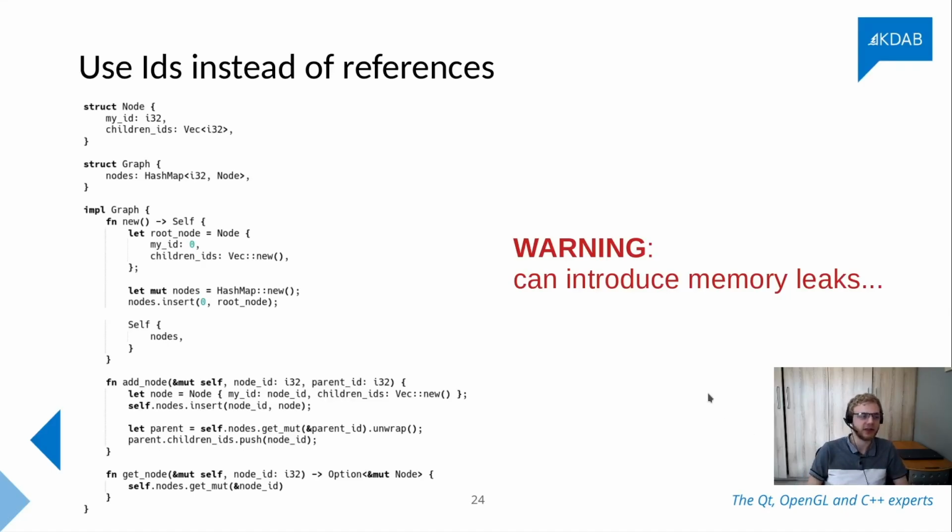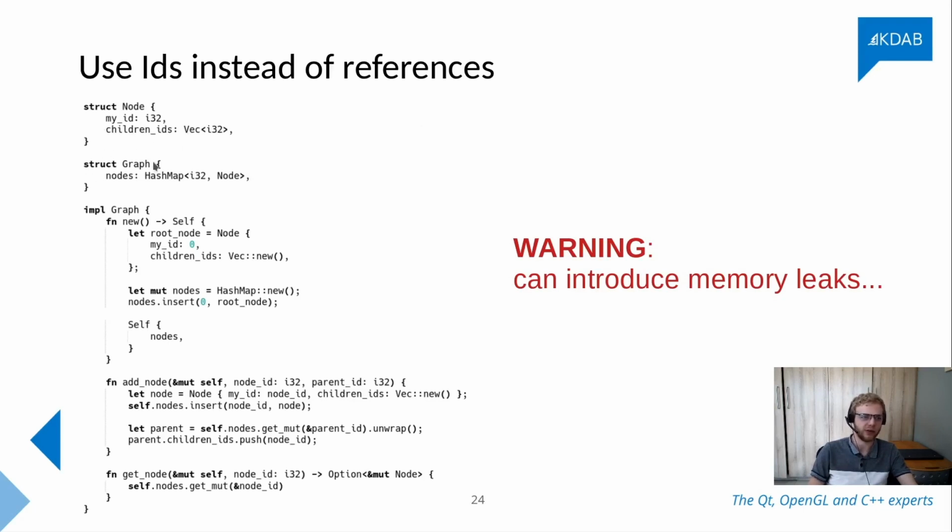Okay, so the first one actually isn't such an anti-pattern. It's something you will come across in many Rust talks where they tell you that you need to use IDs instead of references. As I just said, Rust doesn't like storing references everywhere. So for a graph, for instance, instead of a node keeping references to its children, it just keeps a list of their IDs.